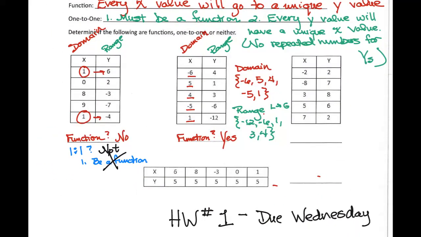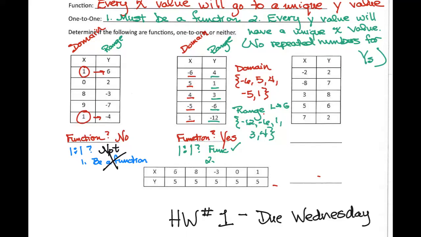So then, now that it's a function, we need to check, is it one-to-one? Okay? First of all, it is a function. So we know that's true. And then second, we need to see, are there any repeated y values? So as I look, I see 4, 1, 3, -6, -12.